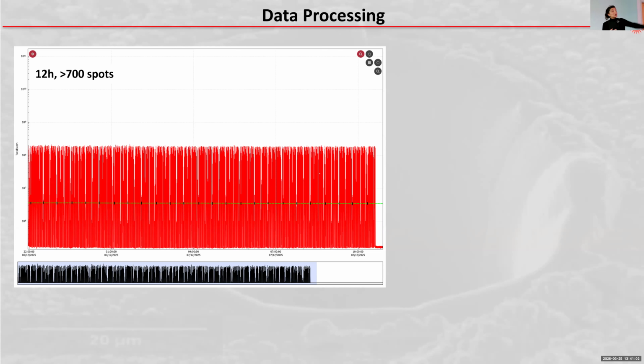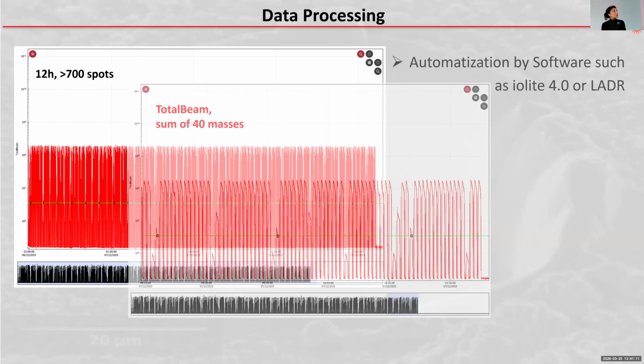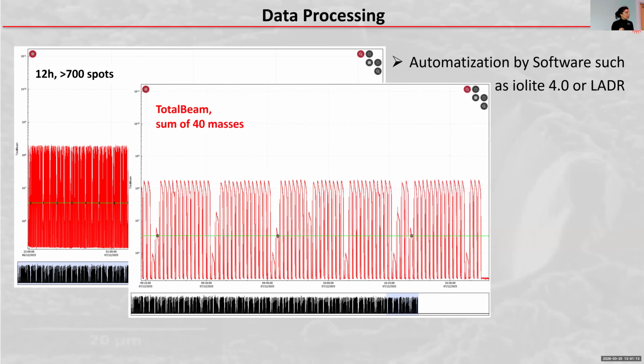So in 12 hours, you can collect a lot of data. And to go now and select your integrations for each one of these spots is very, very tedious. Luckily, there are software packages that do it for you. So here I plotted the total beam, which is basically not really a physical parameter. It's just the sum of every mass, but it's just for visualization purposes.